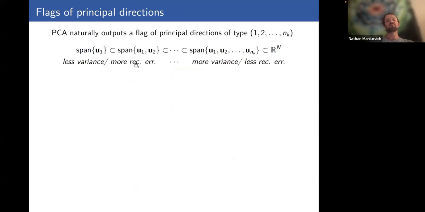You take the two-dimensional subspace with the most variance, which would be the subspace spanned by the first and second direction, all the way up. So this would be the one-dimensional subspace with the most variance, the two-dimensional subspace with the most variance, and so on and so forth. And this forms a flag, right? And the flag type, since the dimensions increase by one each time, is exactly this type here.